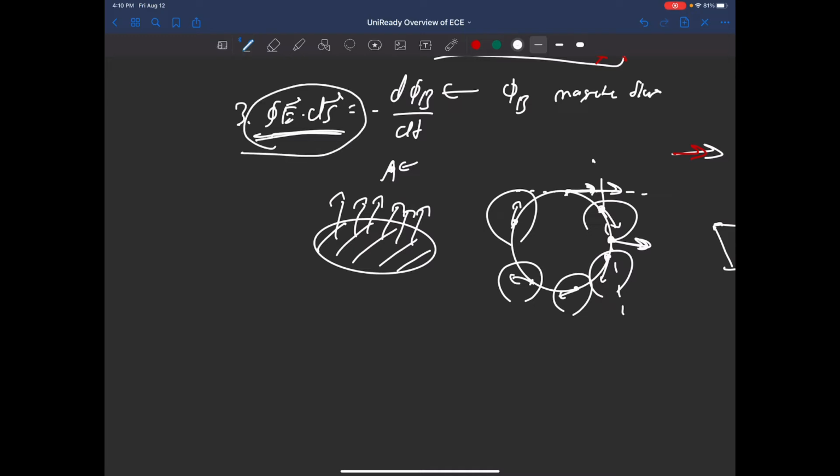It's not exactly electric field, which might be a bit confusing, but it's this quantity that involves electric fields and the path and the direction that the fields point in relative to the path. But if it makes it simpler, you can just think of it as if there's a change in magnetic flux, then you generate electric field, right?